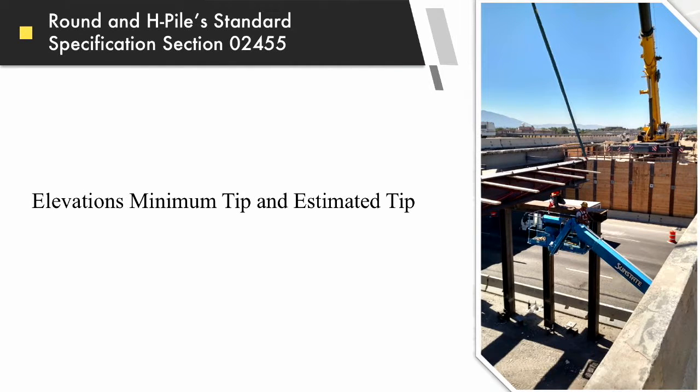This is again on the piles, and I talked a little bit about the minimum and estimated tips. But in this one, I just really wanted to show it, and it's not very good. In here, these are H piles. We built up a bin wall for a temporary abutment, and H piles over there.